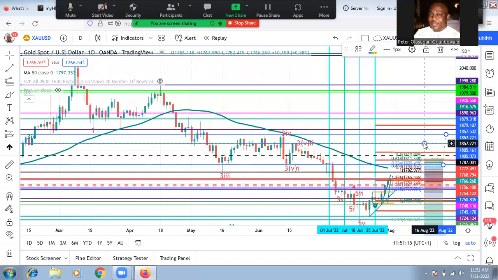So definitely we had broken. At this point, this is 1.618. This point had marked for me that we have finished 3-5 completely at this level. So we may have finished 3-5 at this level.